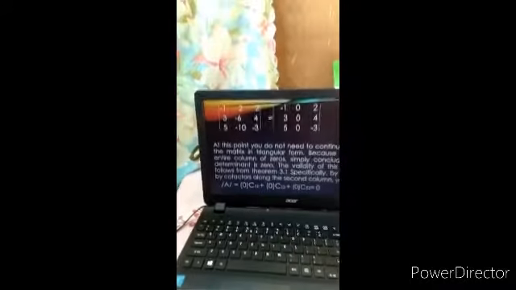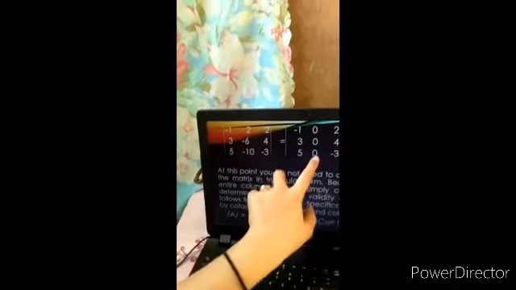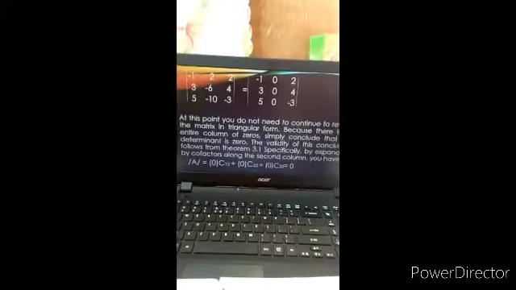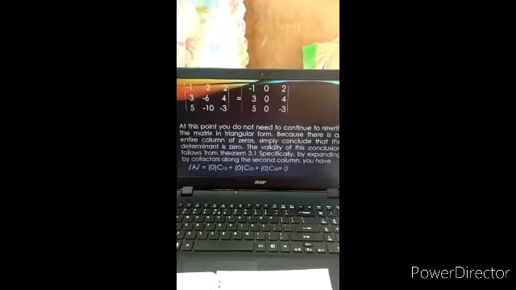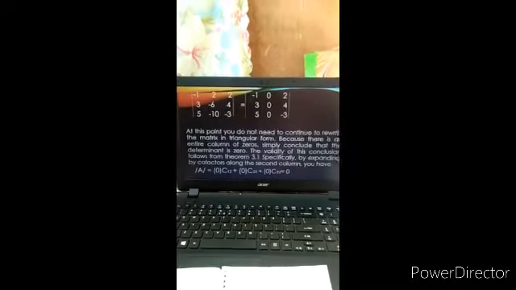So, we now have the second column. At this point, you do not need to continue to rewrite the matrix in triangular form because there is an entire column of zeros here.